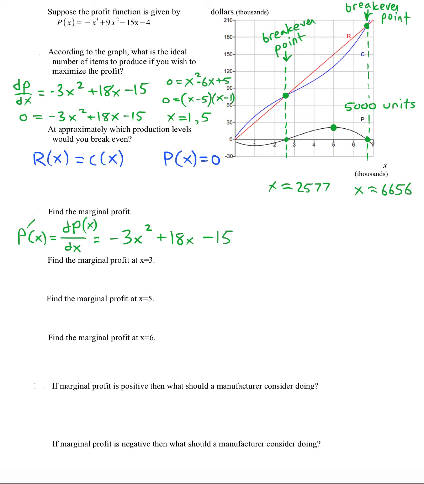Okay, now we'll find the marginal profit at x equals 3. We just have to plug a 3 into the derivative. Gives us 12.